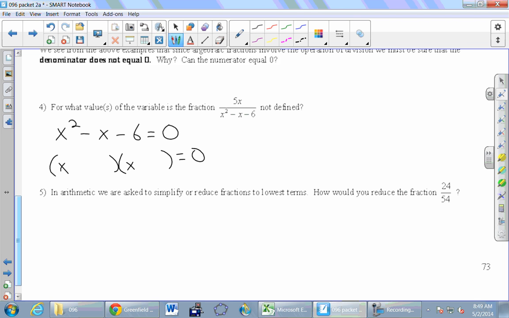Okay, x and x, looking for 2 numbers that multiply to what? -6, and add to -1. There aren't that many options. What are the 2 numbers that do that? -3, +2, right?